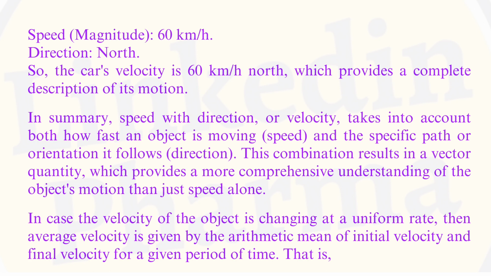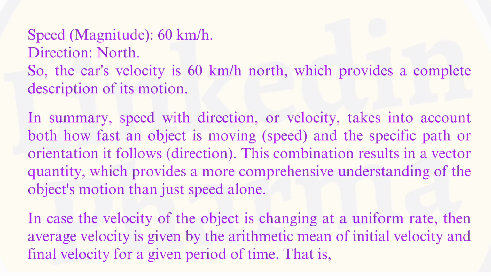In summary, speed with direction, or velocity, takes into account both how fast an object is moving, speed, and the specific path or orientation it follows, direction. This combination results in a vector quantity, which provides a more comprehensive understanding of the object's motion than just speed alone. In case the velocity of the object is changing at a uniform rate, then average velocity is given by the arithmetic mean of initial velocity and final velocity for a given period of time.